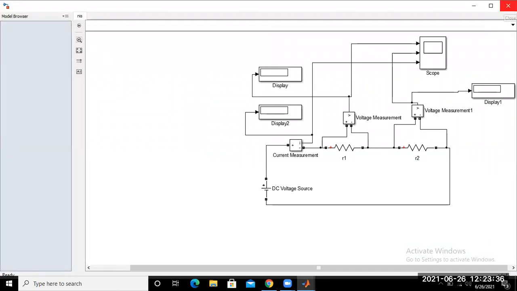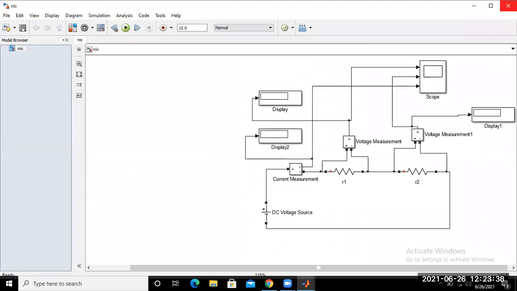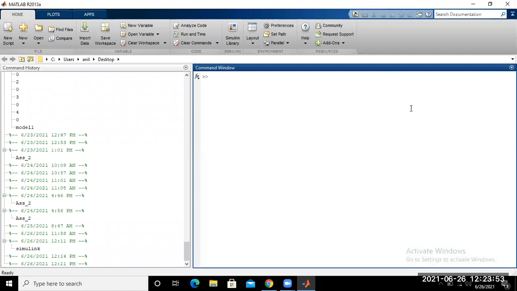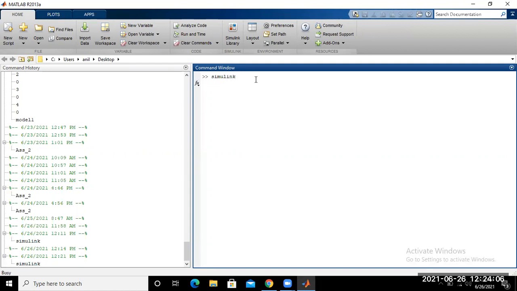Okay, this is another model, so we do not explain this one. This is the first page of the MATLAB interface. Just write Simulink here and enter.